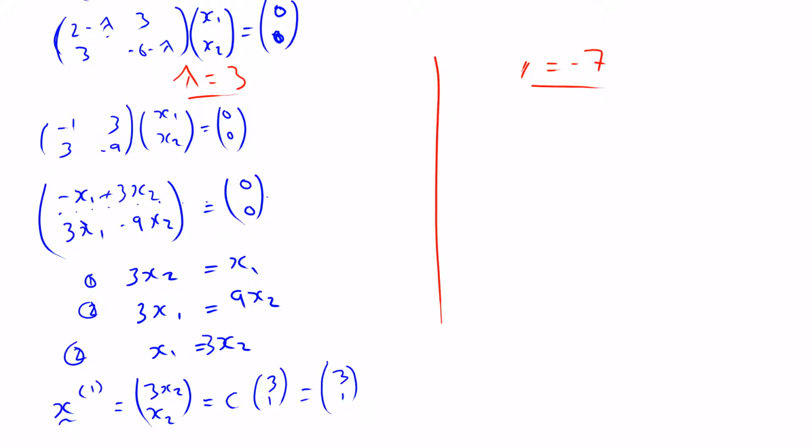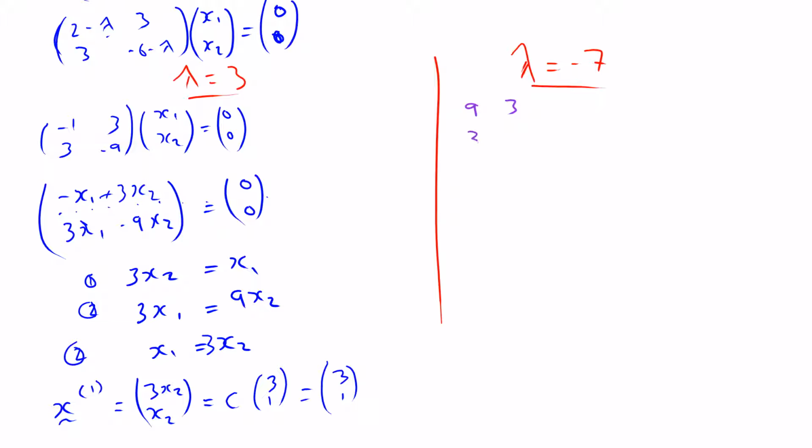Now if we do the same thing for lambda equals -7, then our matrix is going to be 2 minus lambda, 2 minus -7, which will be 9. Sorry, my head isn't working.